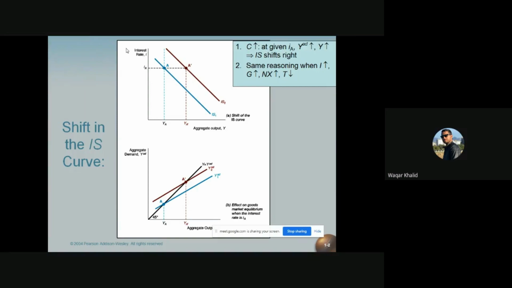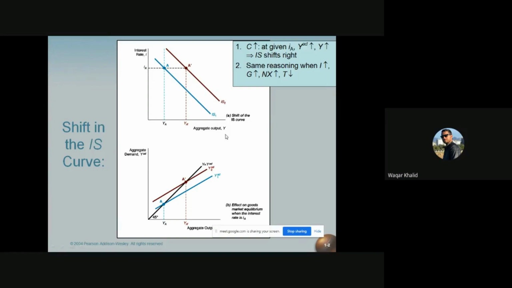So for any given interest rate, the equilibrium level of aggregate output rises and the IS curve will shift to the right, from IS1 to IS2.